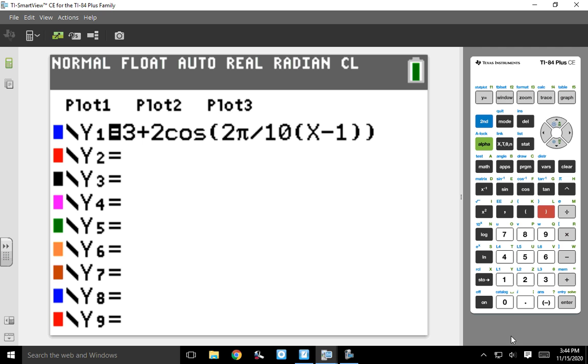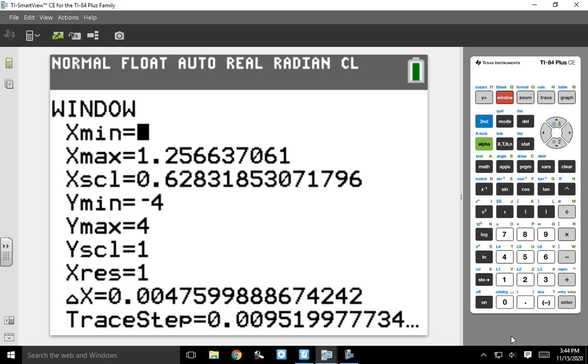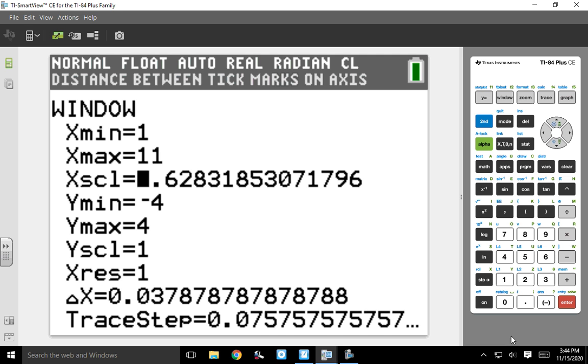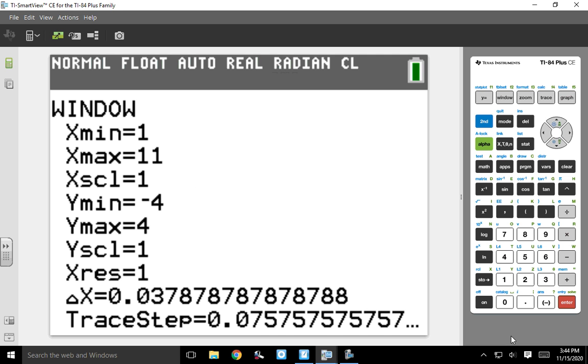And for our window, again, I'm going to just set my window so I see one full period of this thing. So we're going to start out at 1 and go up to 11. Period is 10. And a scale of 1 will be fine. And then for our y values, the lower bound was 1 and the upper bound was 5, is what the sketch showed us there.